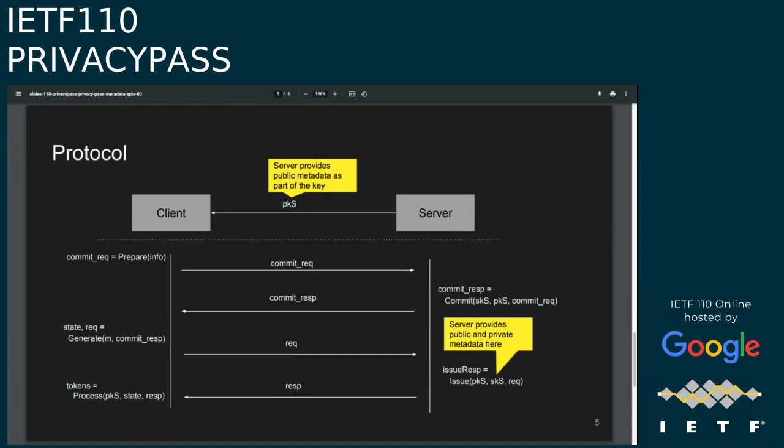So maybe 32 bits is fine if it makes meaningful sense for the application protocol to have those 32 bits and the client can understand what they are useful for, versus it just being a server blob of data which the client has no idea about.